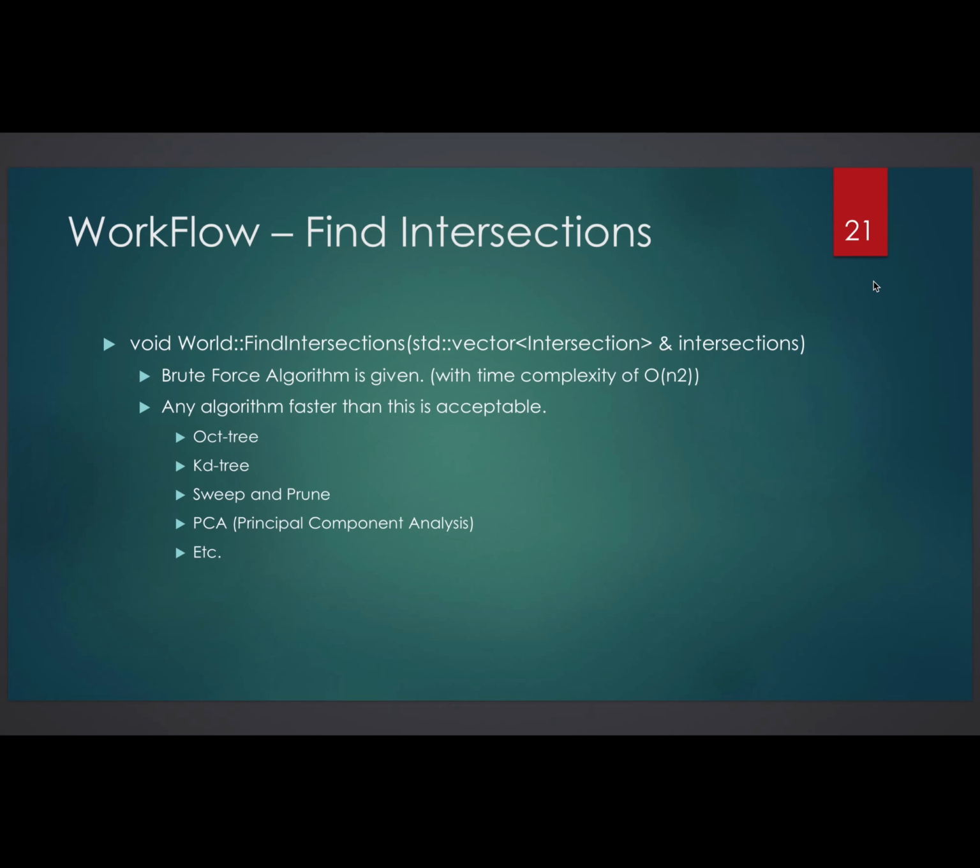And find intersection. In this function, the brute force algorithm is given, but it's just for you to test other parts of your code. You're not supposed to use the brute force algorithm when you're submitting your code. There are many other algorithms like octree and KD tree that can speed it up.